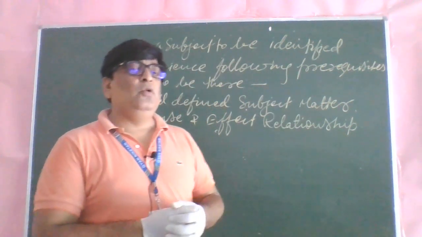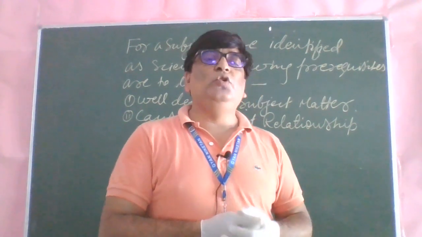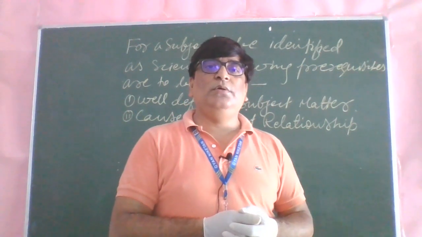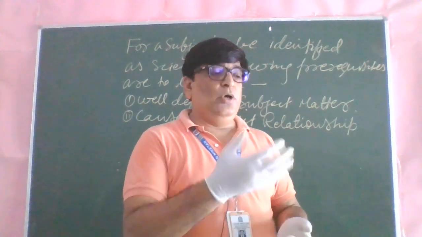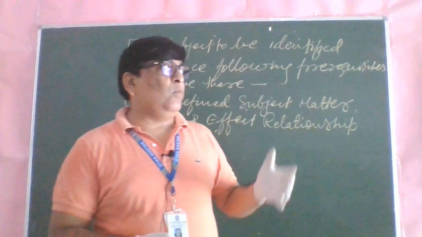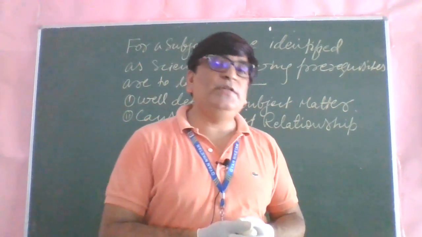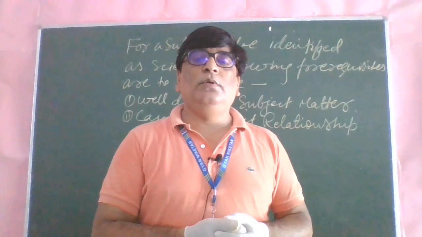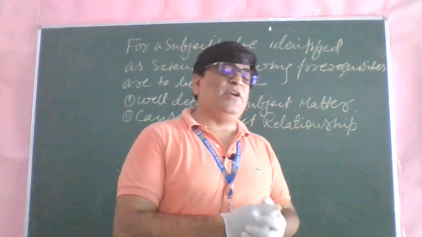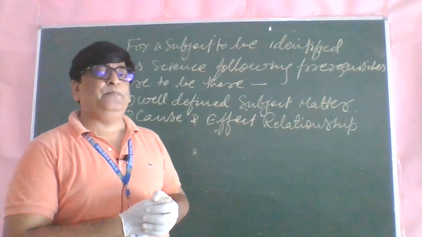In the chemistry lab in class 10, you may have tested through litmus paper. In physics, you bang a ball on the wall, and at what speed it will revert back to you is well defined. So there is cause and effect relationship. In economics also, there is cause and effect relationship.